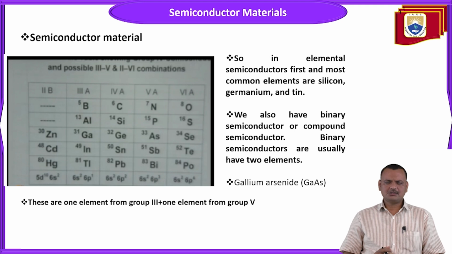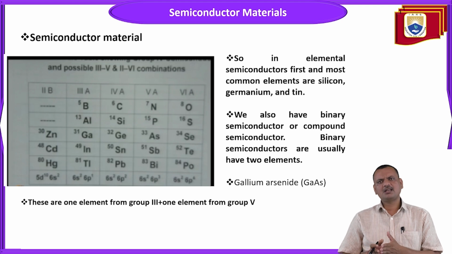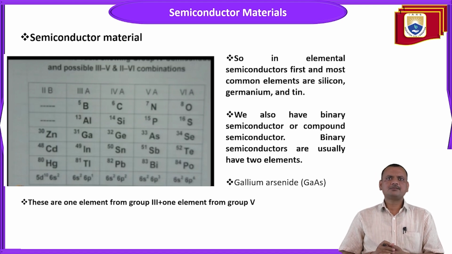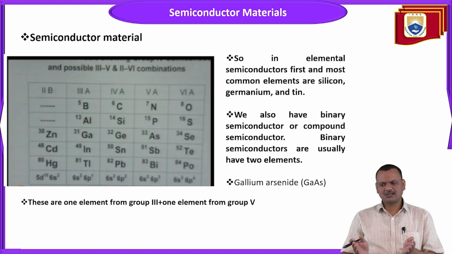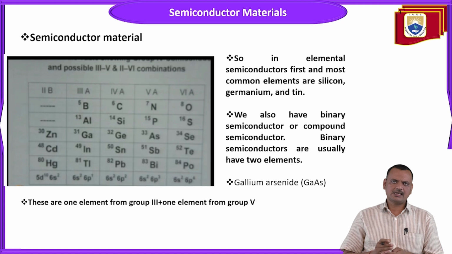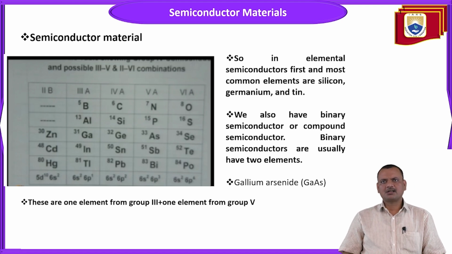We also have some binary or compound semiconductors. Silicon, germanium, and tin are a kind of intrinsic semiconductor. They show the semiconducting property in their own natural form. But in the semiconductor and optoelectronic industry we also have compound or binary semiconductors like gallium arsenide.